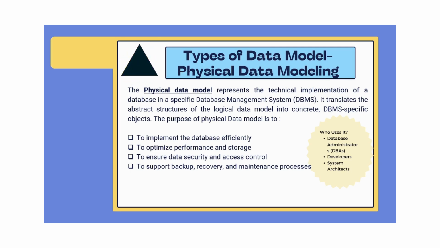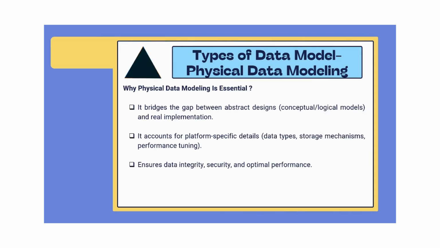The purpose of physical data model is to implement the database efficiently, to optimize performance and storage, to ensure data security and access control, to support backup recovery and maintenance processes.